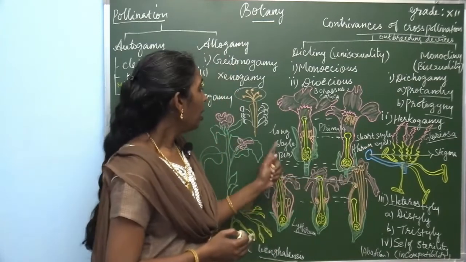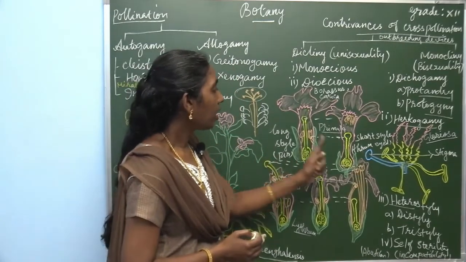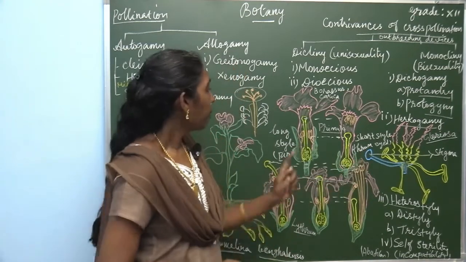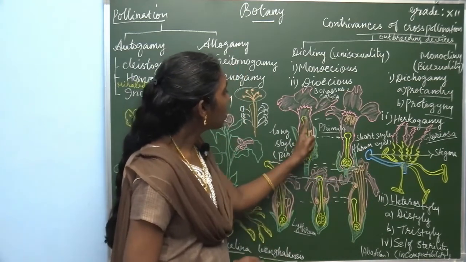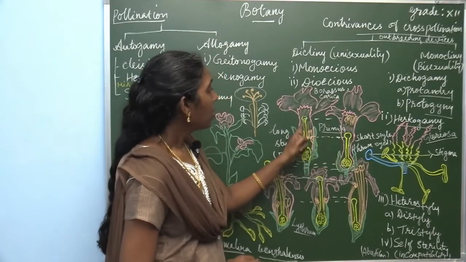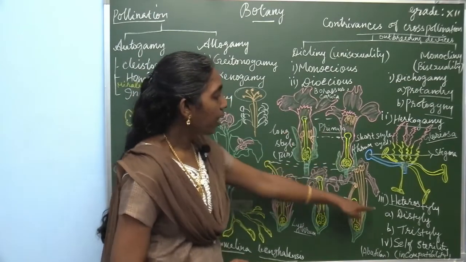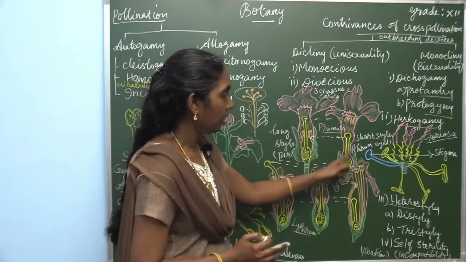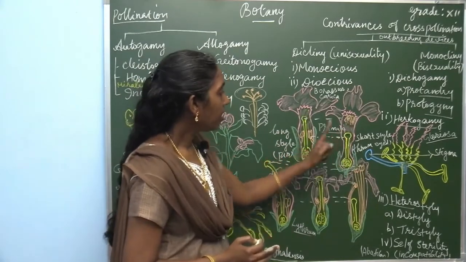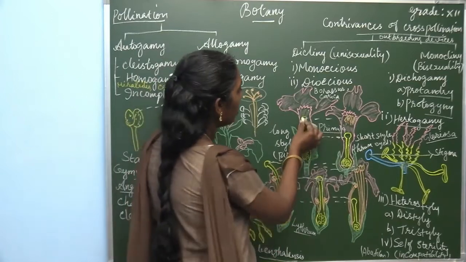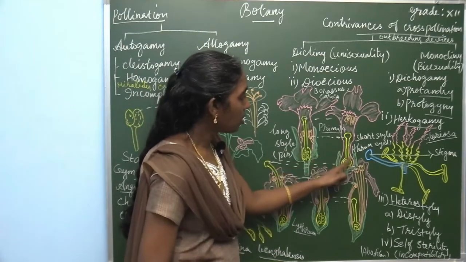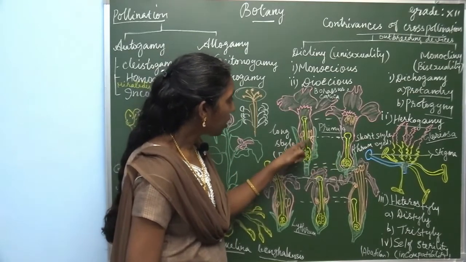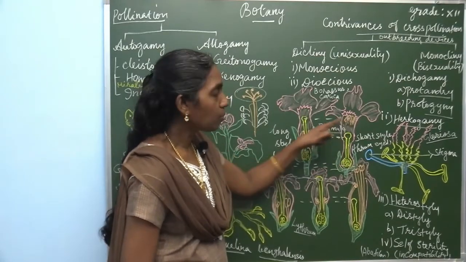Pin has a long style, and the short style is called thumb-eyed. In distyly, there are two different lengths of style and anther. So, stamen length and style length: this length is long, this length is short. The anther is present here in one flower, and in the other flower the anther is present there.